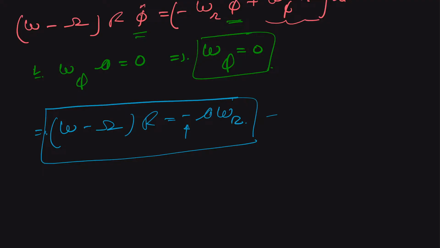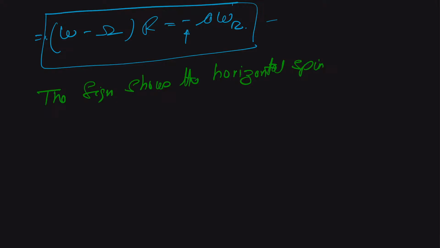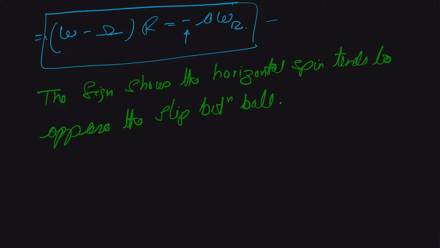So that's the only significance of this negative sign. So you can say the sign shows the horizontal spin tends to oppose the slip between ball and table.